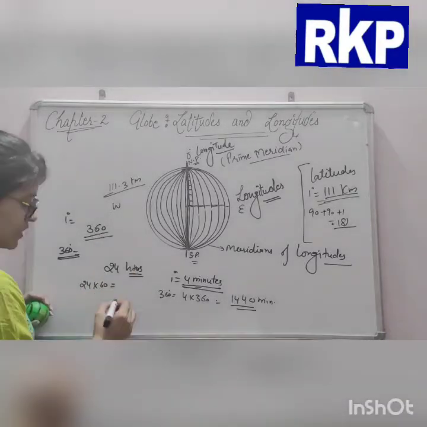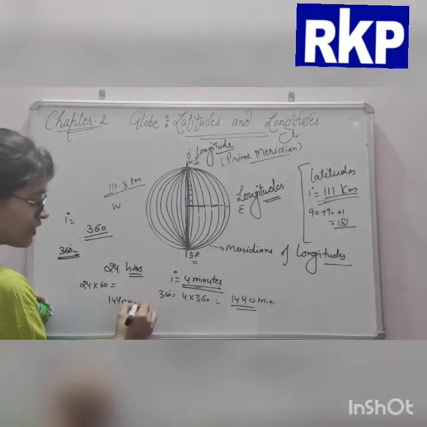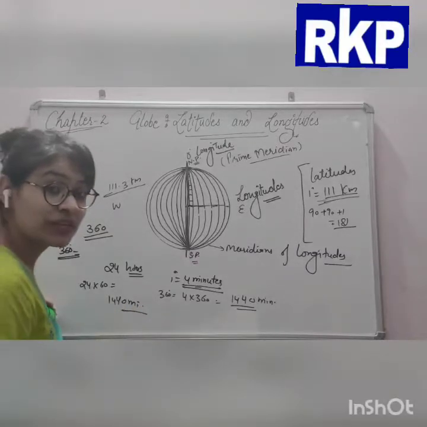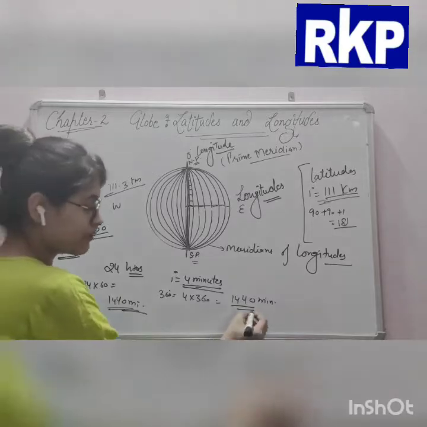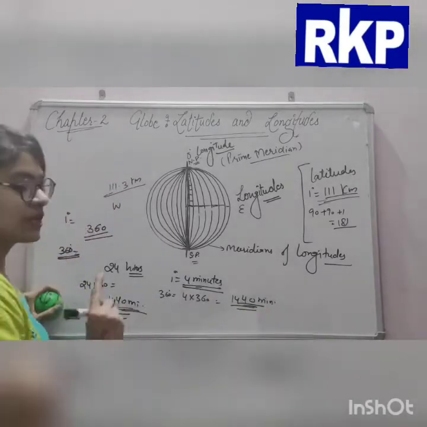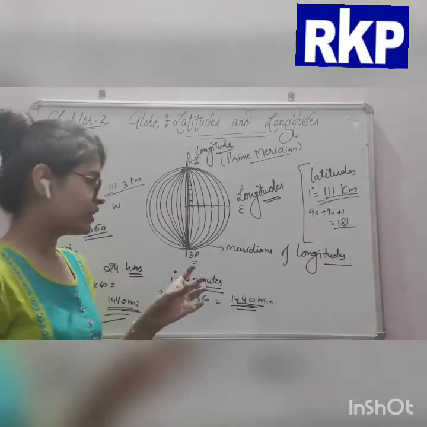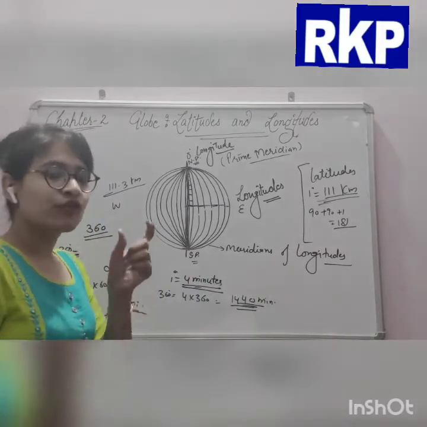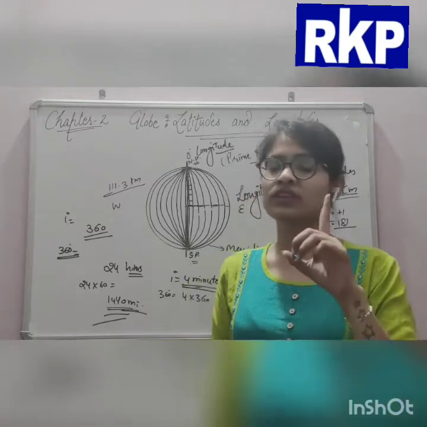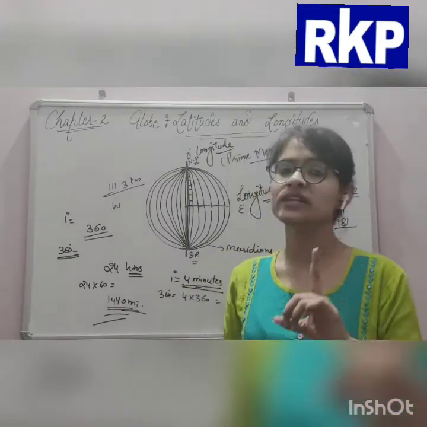Convert this into minutes as well. How many minutes? 1440 minutes. They both are equal. By this we know that the Earth covers 1 degree in 4 minutes when it rotates on its axis.